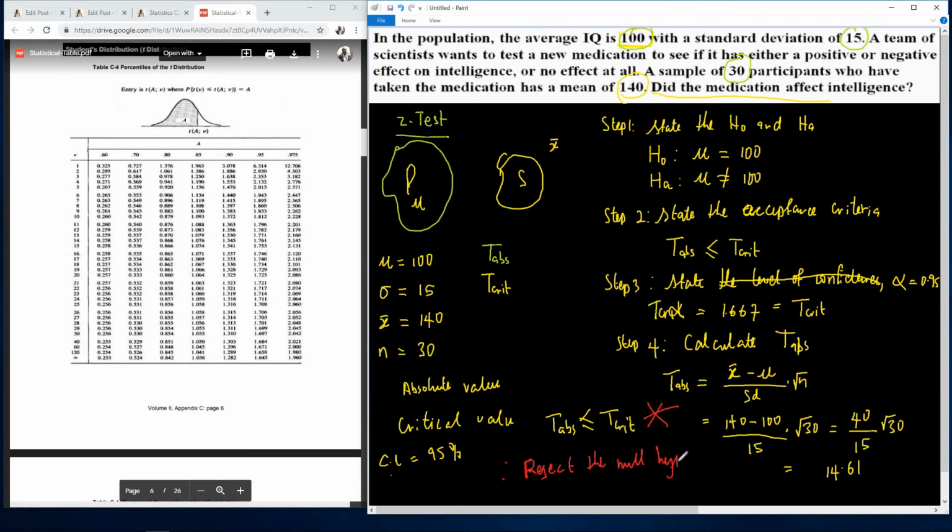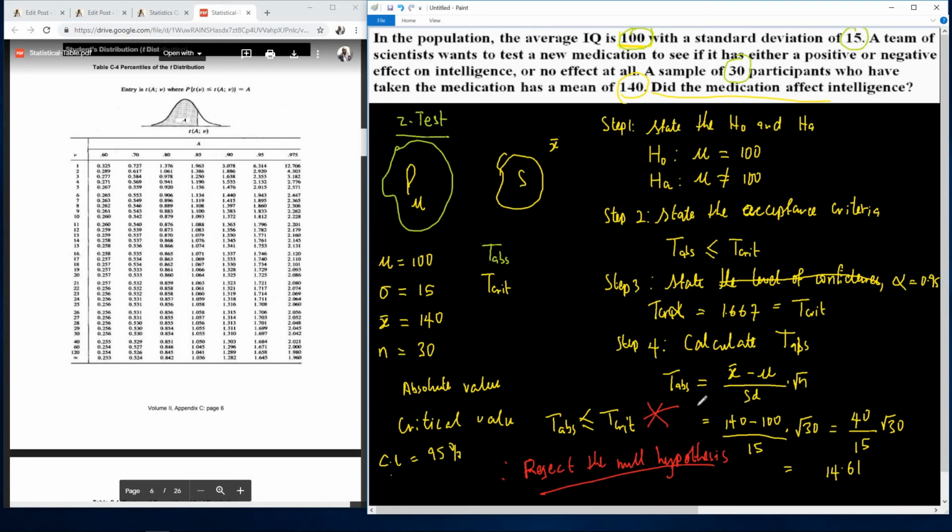If you want to interpret it on this question, it says, did the medication have an effect on intelligence? The answer is no. So we actually reject the null hypothesis.